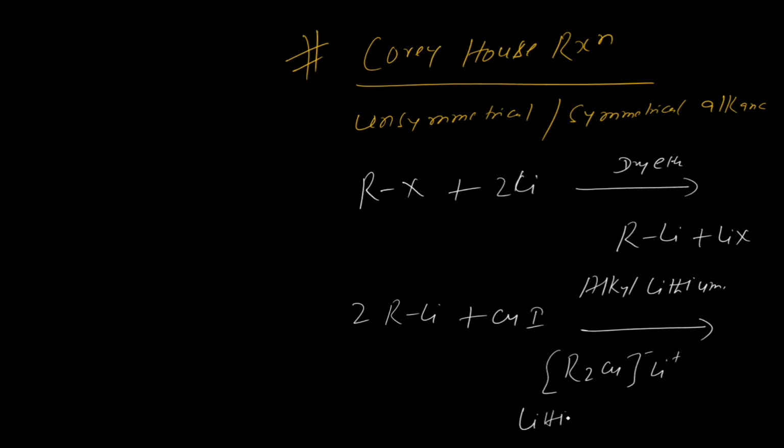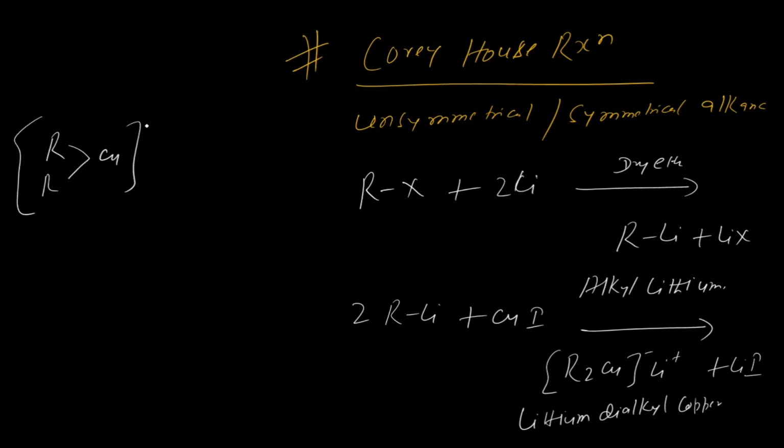Lithium dialkyl copper, plus lithium iodide is out. Now in the next step, this lithium dialkyl copper will further react with another alkyl halide, a different type of alkyl halide.